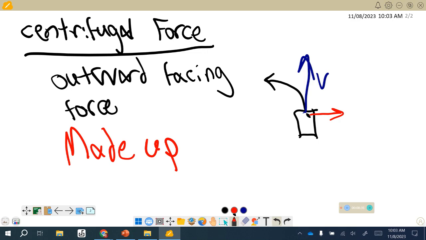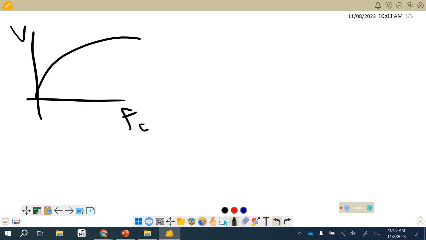All right? Let's start talking math now. In the lab we did, in a perfect world, when we graphed our centripetal force versus velocity, it should have looked something like that. I know a lot of us didn't get those exact results, but that's what it theoretically should have looked like. Now, if that's true, then that means that our centripetal force is going to be proportional to velocity squared.